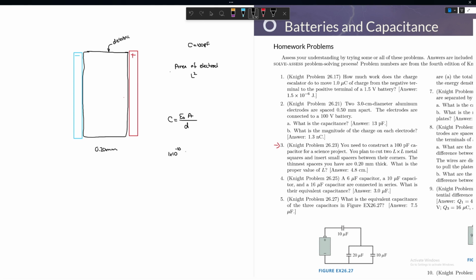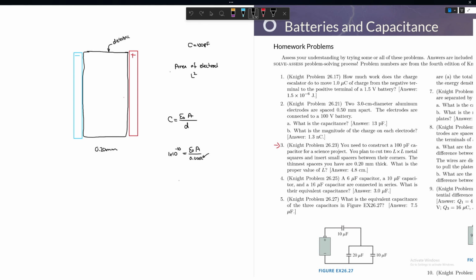That's in farads. Equals my epsilon, which is a constant. My A is what I'm looking for, and my D is the conversion of 0.2 millimeters to meters, which is 0.0002. The reason I need this in meters is because your epsilon is measured in units of meters, so that's why you've got to convert it.